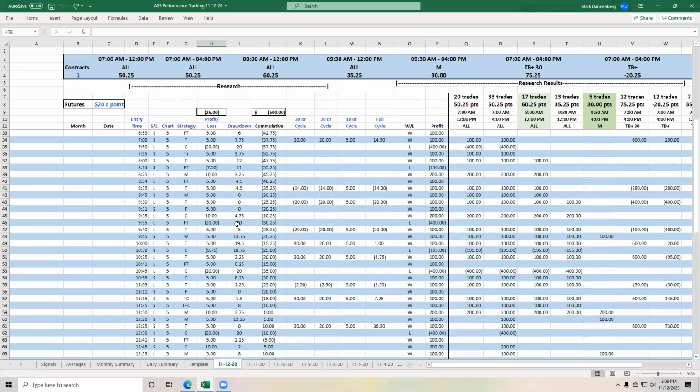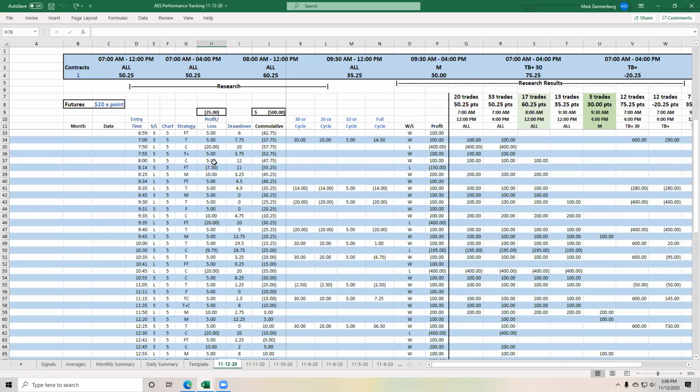So the performance that we track, we're recording the time of each trade, whether it's long or short. We're recording the strategy, whether it's a fractal or a trend bias trade or a continuation trade, etc. And we're keeping track of what the profit loss is on a per point basis.